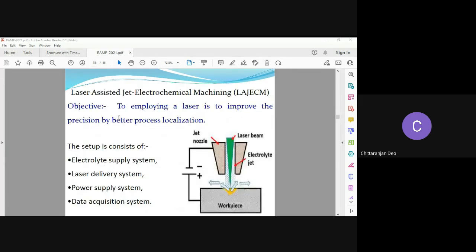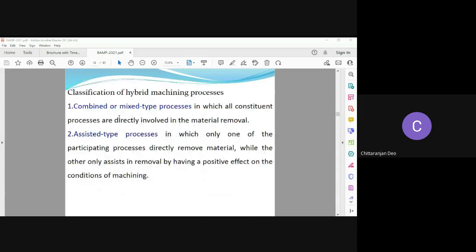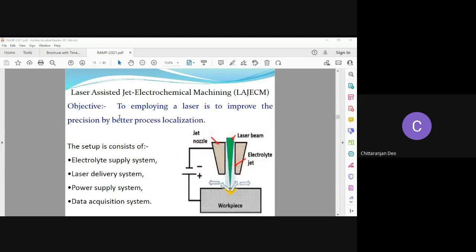So, entering into this hybrid machining, we'll discuss the laser assisted jet electrochemical machining process. The objective of employing a laser in this process is to improve the precision by better process localization.